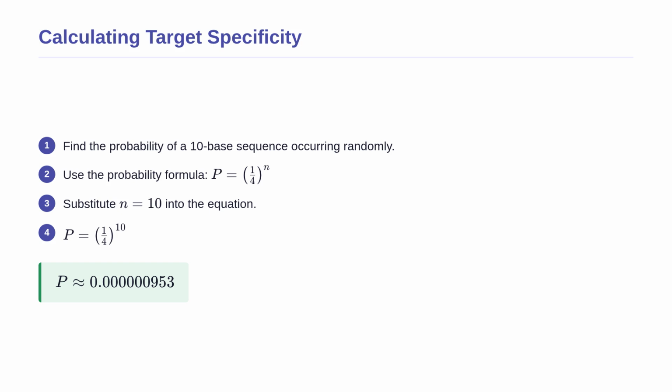Calculating 1 over 4 to the power of 10 gives us a probability of approximately 0.000000953. This means there is roughly a 1 in a million chance for any random 10-base stretch of DNA to match our target exactly.